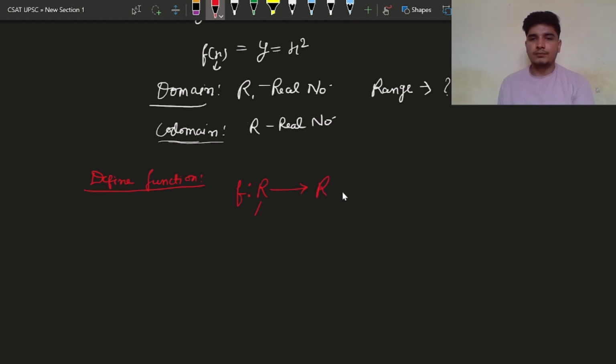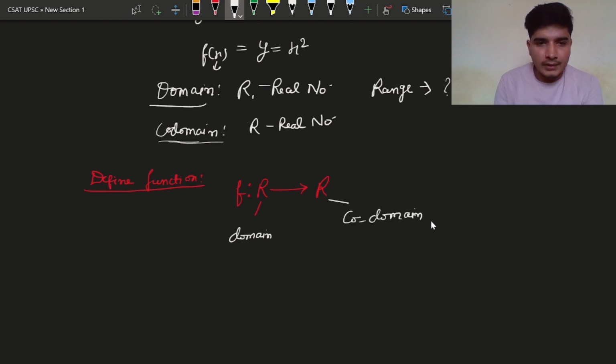It is R. So this is our domain and this is our codomain. This is the process of writing the domain and codomain of the function. And below that we write f(x) equal to x square.